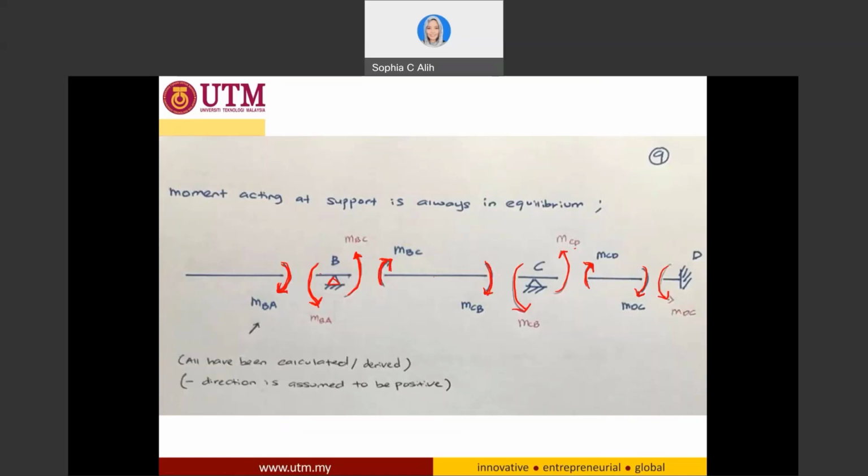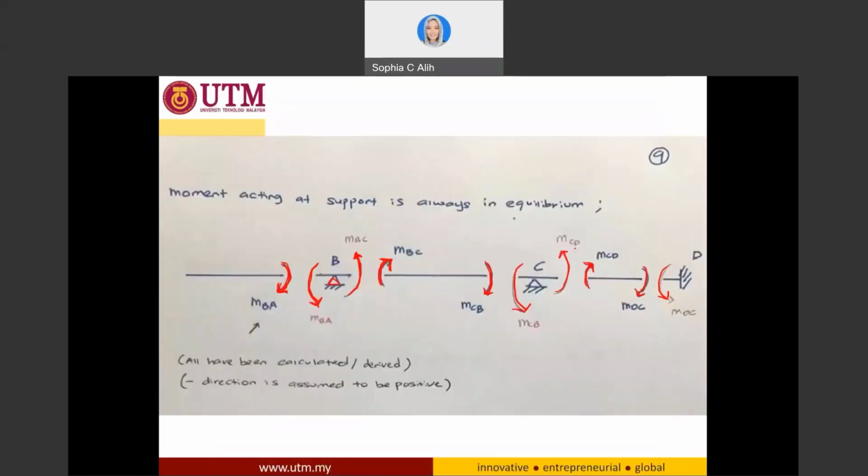So you can always know this value because you just change the direction of it for this support and for this support and for this support. So in order to maintain equilibrium, our theory is that the moment acting in the support has to total to 0.